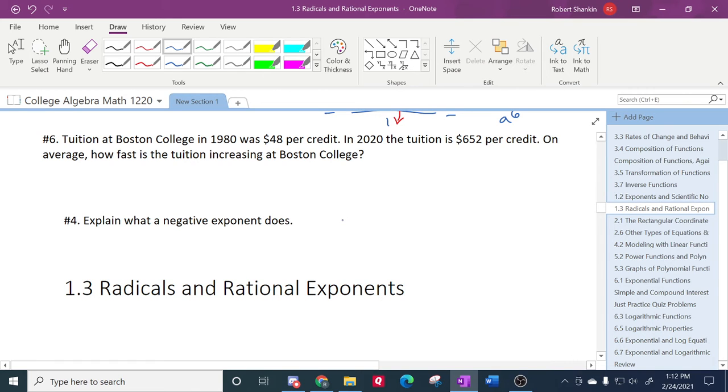Yes. What I put on mine, it was kind of hard for me too, but I just put that it turns into a fraction. Ah, gotcha.